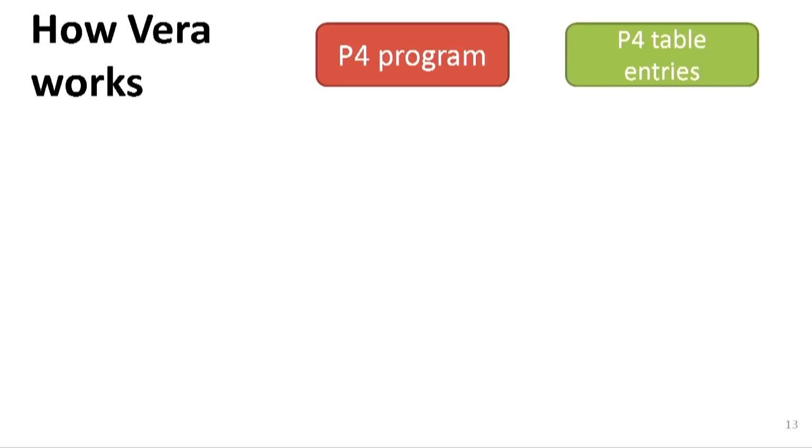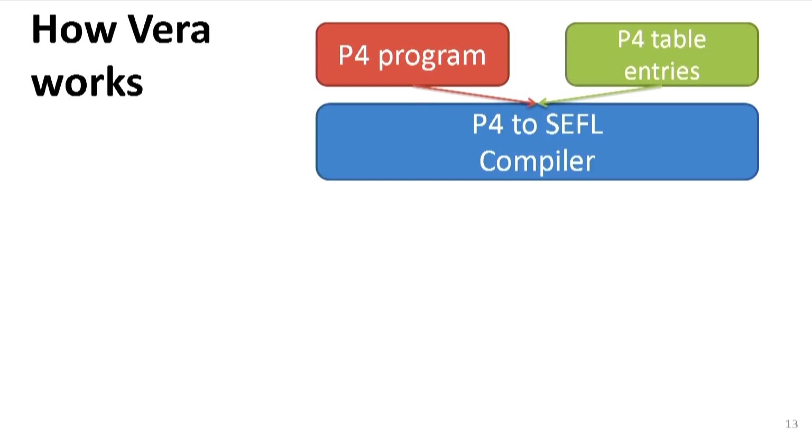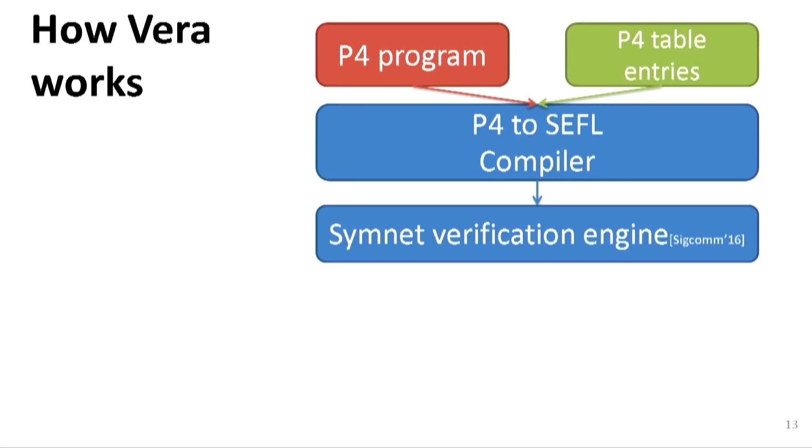Everything starts with a P4 program and concrete P4 table entries. These are then fed to a P4 to Cephal compiler. Cephal is a modeling language. It is custom developed for fast symbolic execution. This is then fed to our custom-built symbolic executor called Symnet.